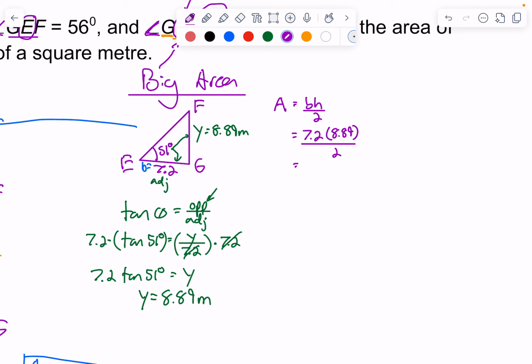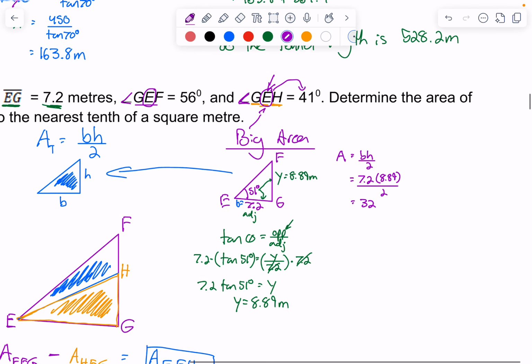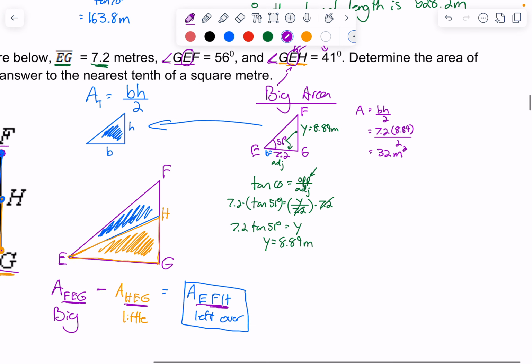So 7.2 times 8.89 divided by 2, we get 32. It wants the nearest tenth of a square meter, so it ends up being 32 meters squared. Okay, there is the big area.